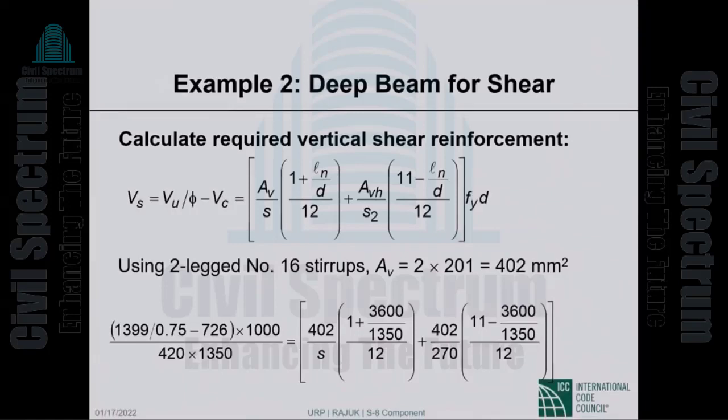V_s will be V_u over phi minus V_c, and you have seen the expression for V_s. Using two-legged number 16 stirrups, A_v would be 402 square millimeters.